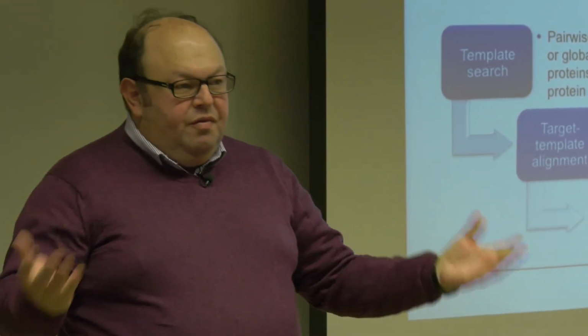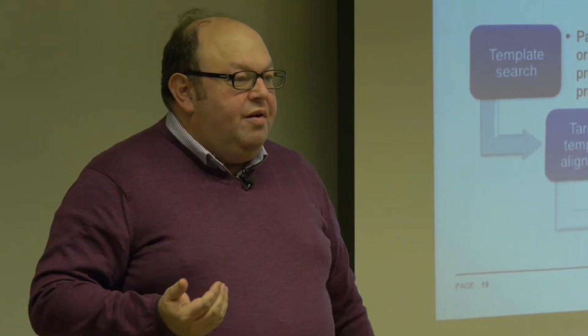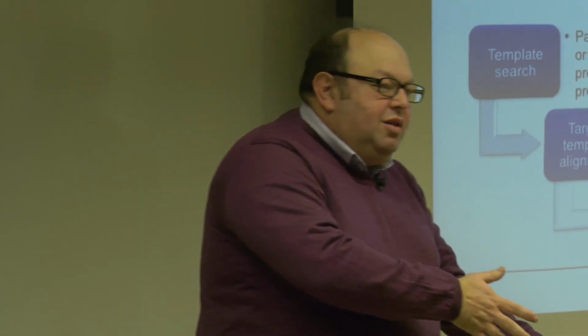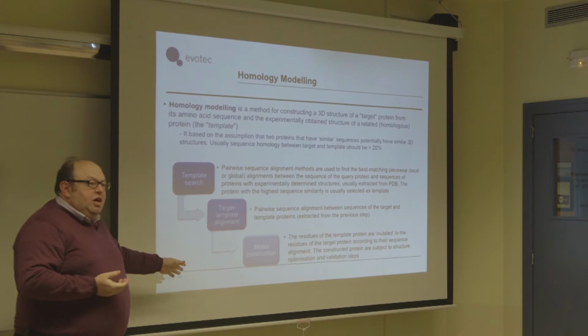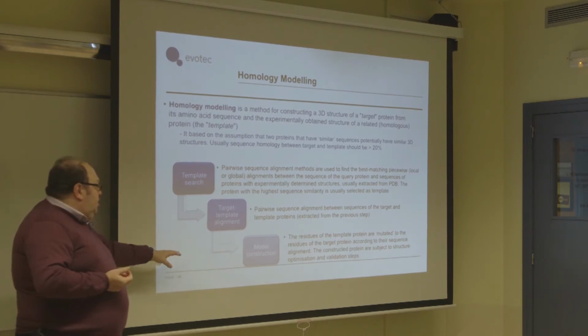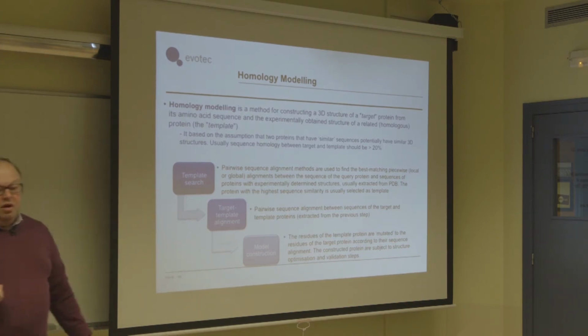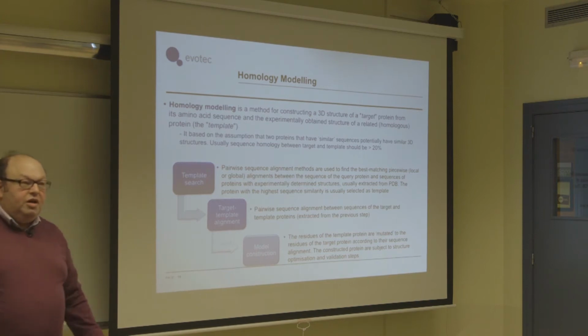Again, it's based on the assumption that two proteins that have similar sequence have similar structure. So you just replace one by one and convert the template into your protein. So suddenly you have a protein. You use a model instead of an experimentalist's structure.